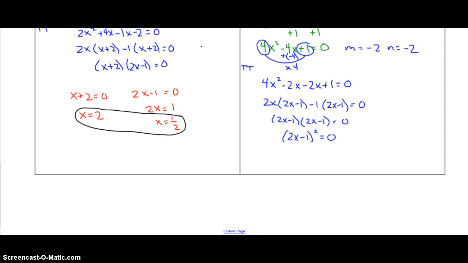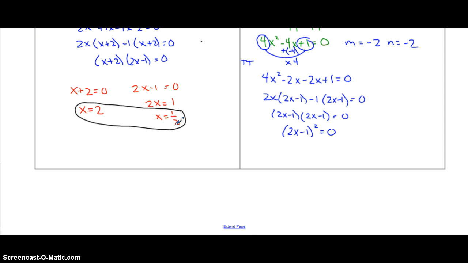So here's one of your special cases where there will not be two different solutions. In this case, if you look at it this way, there are two solutions, but because the brackets are the same, both solutions are going to be the same. So that means there is really only one solution. You only have one bracket.